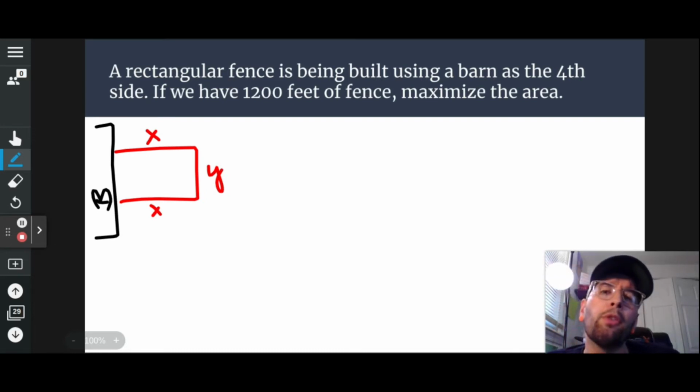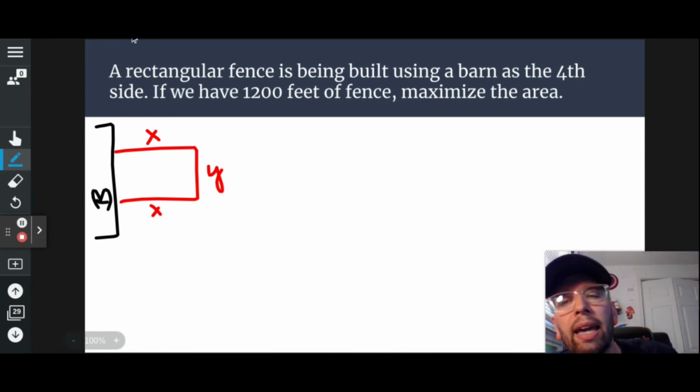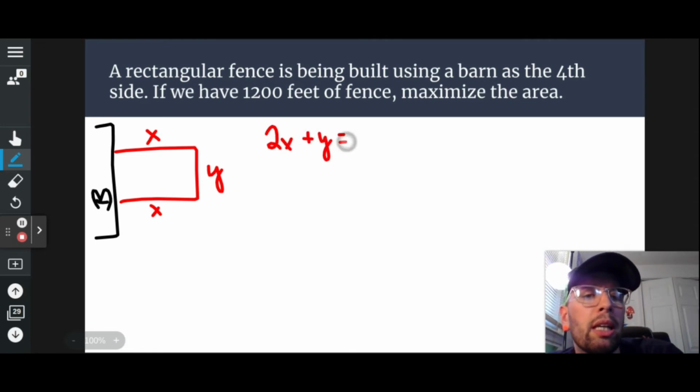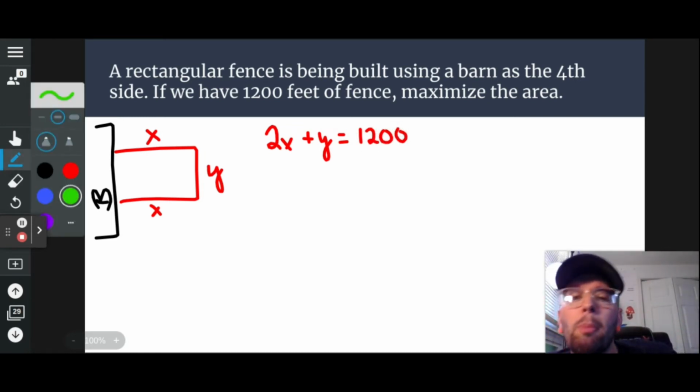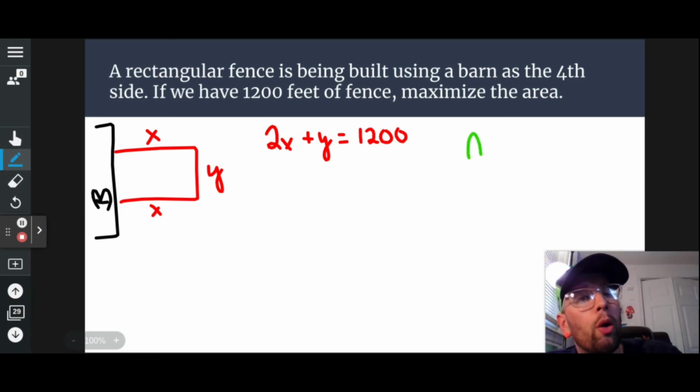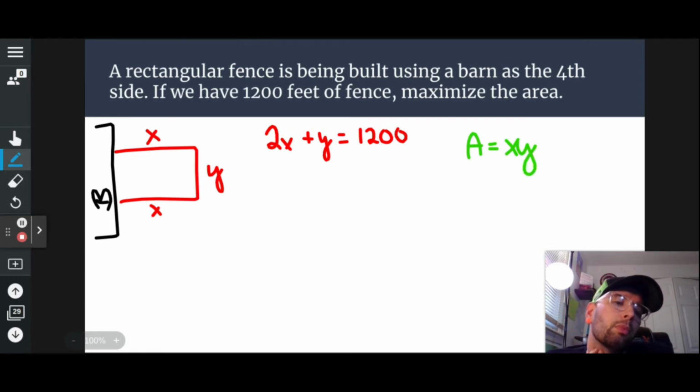So what you have to be careful of is the 1,200 feet of fencing that you have is going to be built from 2 sides of this X length and 1 Y. So it's 2X plus Y is going to equal the 1,200 feet of fencing. My job is to maximize the area, which is still going to be X times Y. Now, I have to maximize that, but I can't because there are 2 letters.